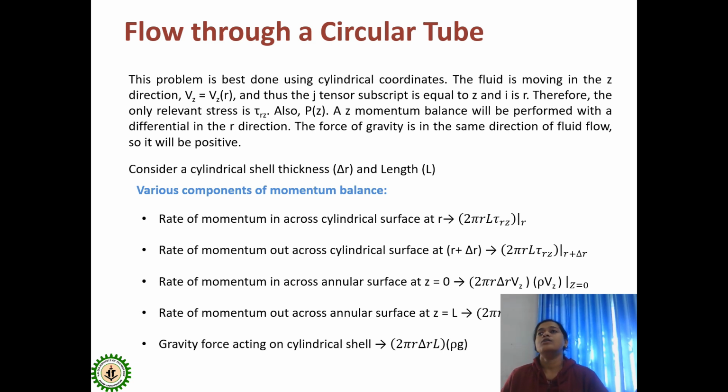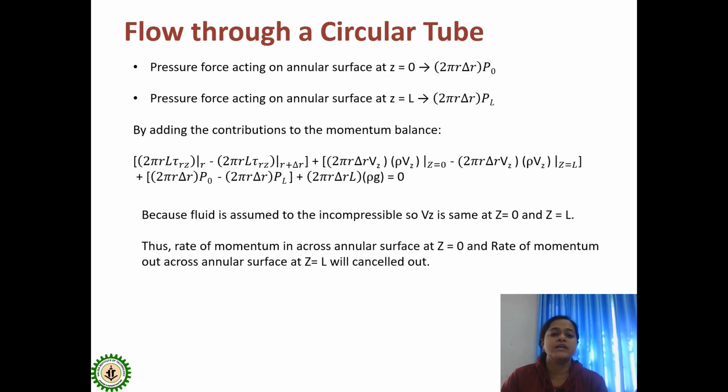After that, we consider the gravity force. The gravity force acting on the cylindrical shell equals 2 pi r delta r L rho g. Next, the pressure force acting on the annular surface at z equals 0 is 2 pi r delta r P0 at the entrance of the tube.